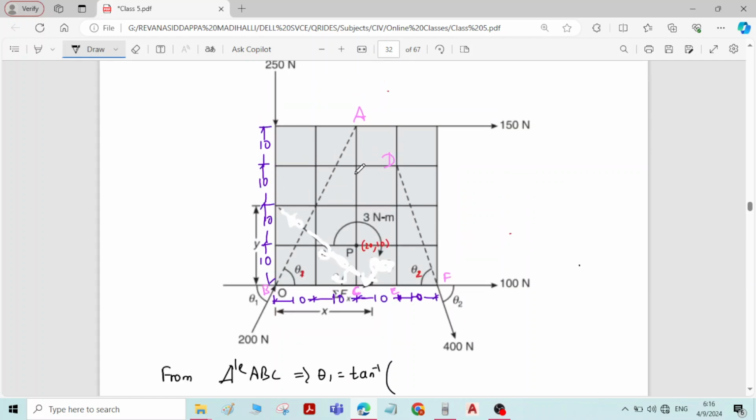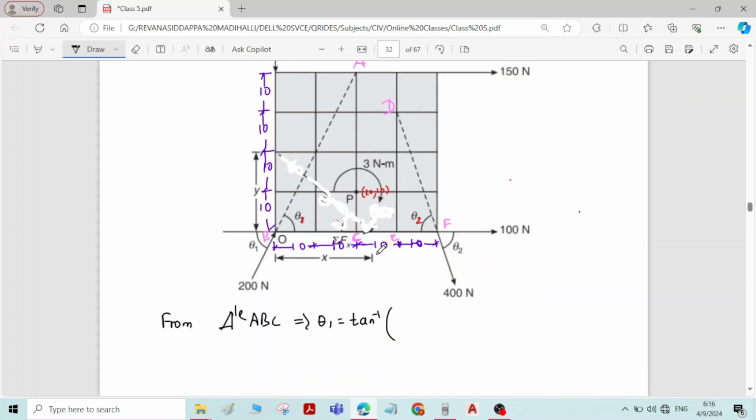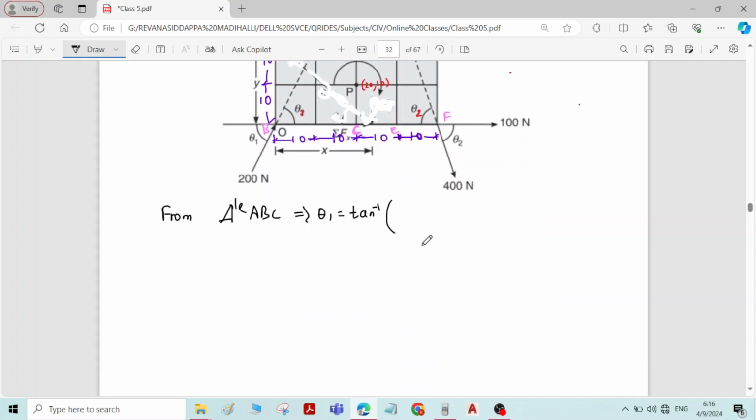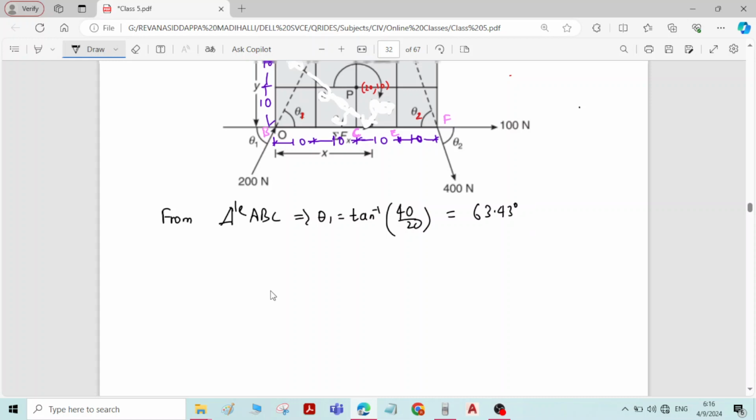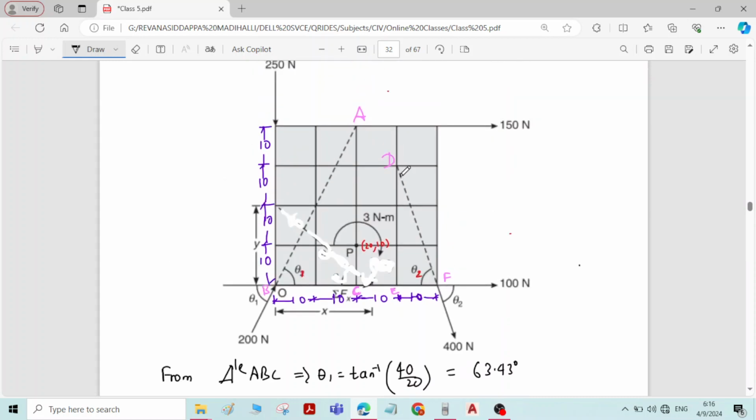Opposite is 4 grids, means 40 mm, divided by adjacent side 2 grids, 20 mm, 40 by 20. By this you will get the angle theta 1 as 63.43 degrees. Then you take the right angle triangle DEF.